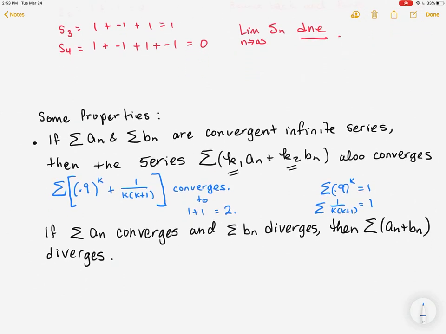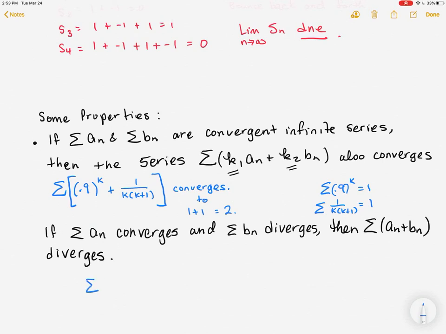On the other hand, if you have one series that converges and one that diverges, then the series formed by adding the two together automatically diverges. That goes along with the old saying that one bad apple spoils the whole bunch.